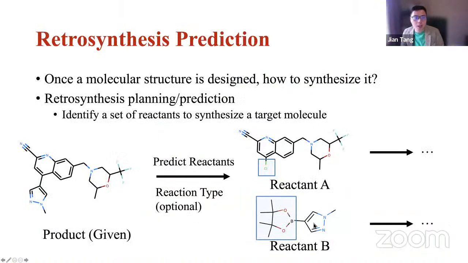So essentially, the retrosynthesis prediction can be formulated in this way. We have a target molecule, and we try to find a set of reactants which could be used to synthesize this molecule. Mathematically, we can formulate this as a mapping from a graph, because the input molecule is a graph, to a set of graphs, because each graph in the output corresponds to a reactant.